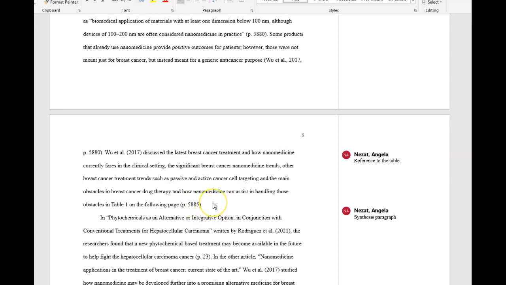All right, so this student said, I like this table that I found on page 5885. I'm going to include it in my literature review in the appropriate section.